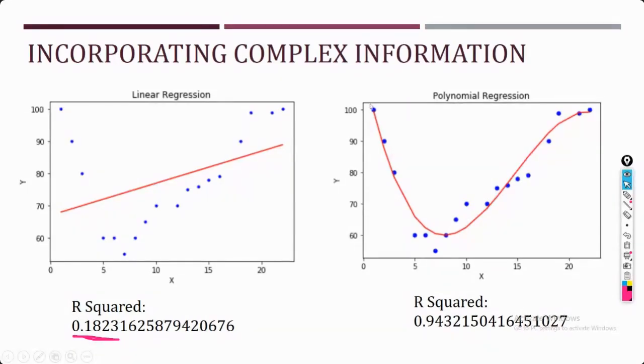Why? Because this has covered the information present in your data more clearly compared to this one. It is able to represent it. Now we can consider this line as a representative of my data. Here we can't, because it is not considering any of the information. So that's why we need to go with this one.